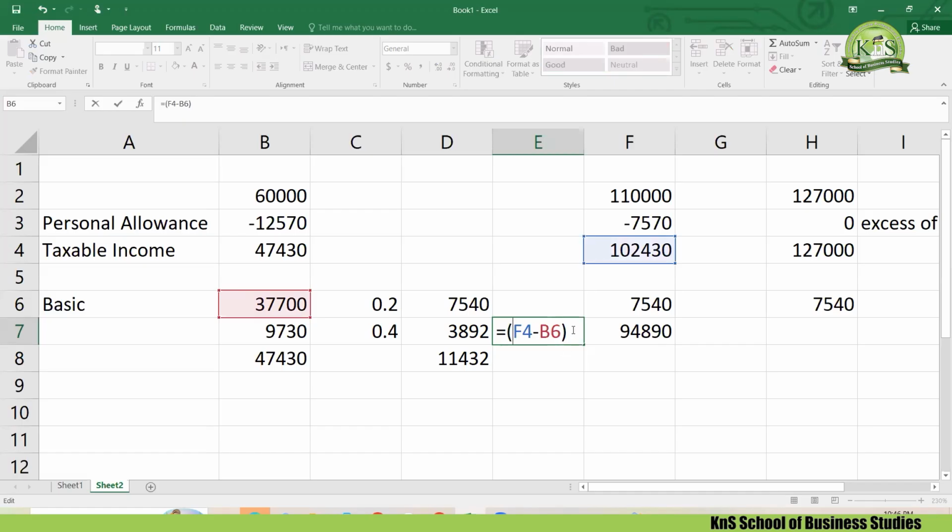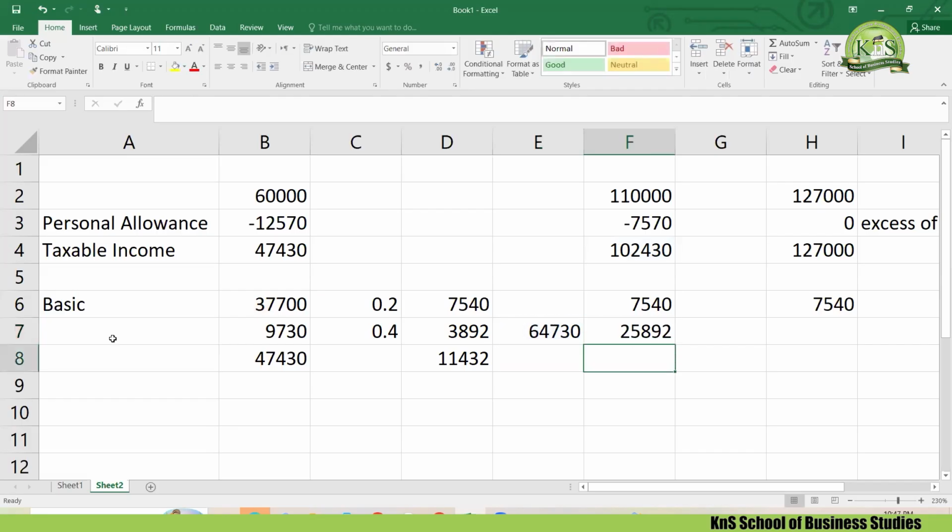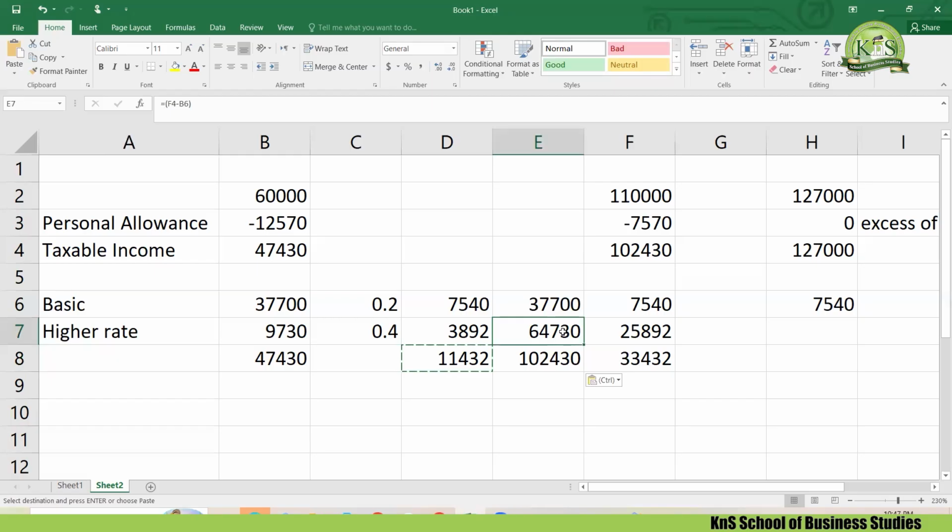And we are going to multiply this with 0.4. This is the higher rate one. I have not applied the rates separately over here because I have directly done it in the second cell. You can also do it like this. It's not necessary that you make 3 columns and do it. You can do it in 2 columns as well.